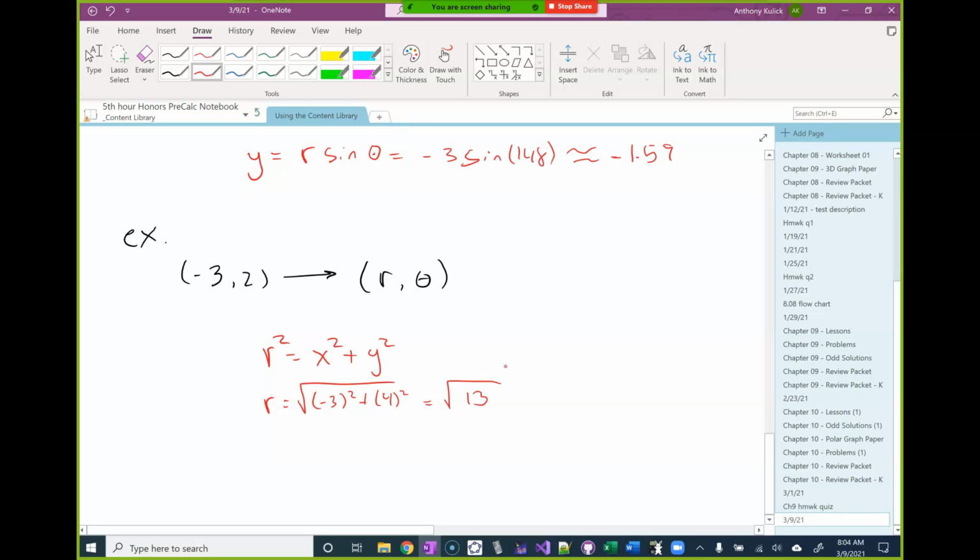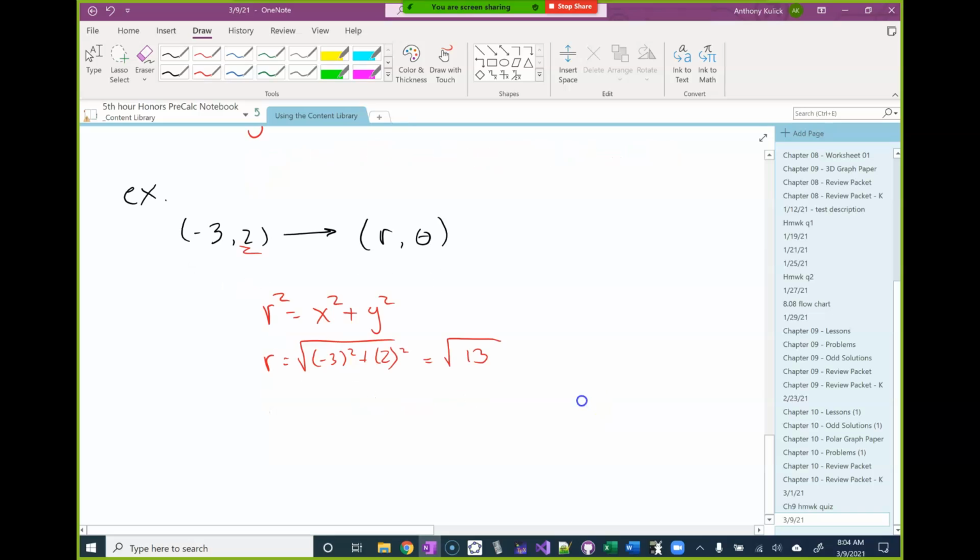Oh, well, that's not supposed to be squared. I squared it before I wrote it down, and then I still put the squared on it. Mr. Kulik, come on, get on it. I can do better, I promise. Okay, so there's my r.